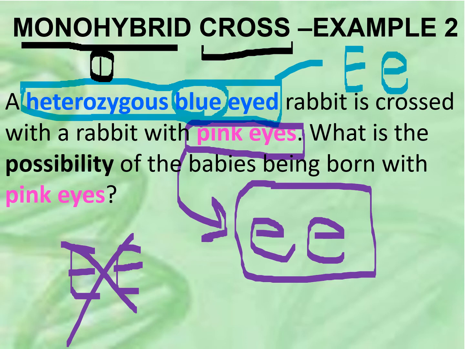In order to look at the second part of the question, what is the possibility of the babies being born with pink eyes, we have to complete a genetic cross. And a genetic cross involves a certain format which we have to follow.